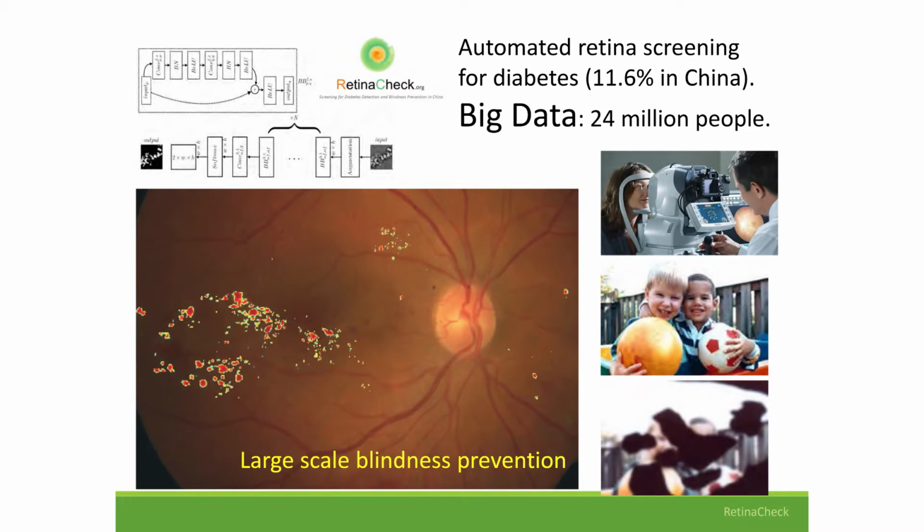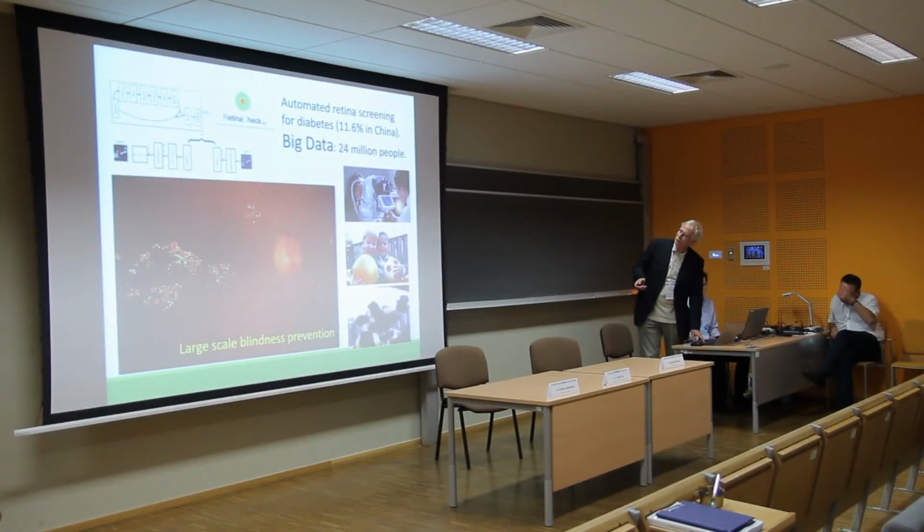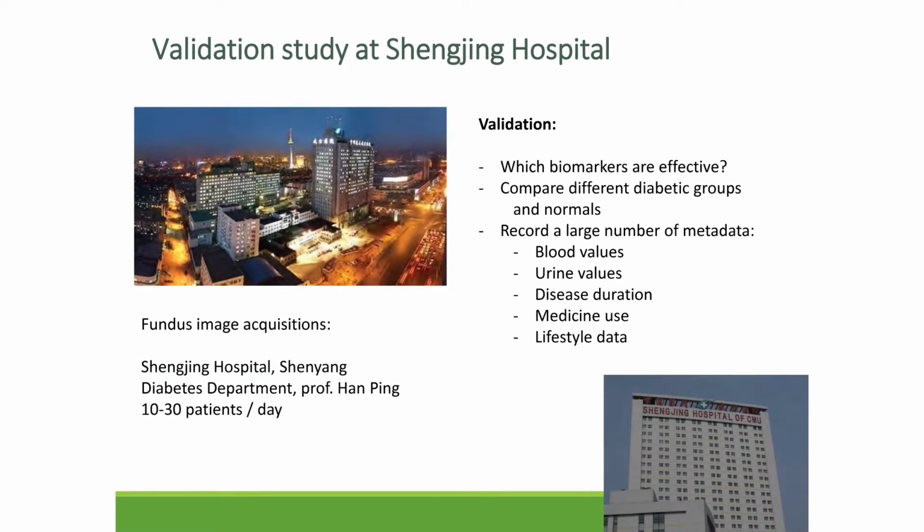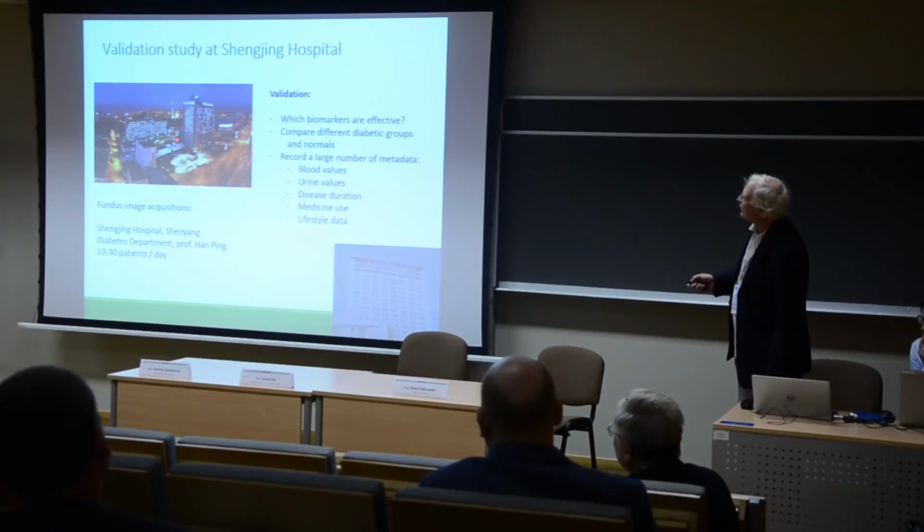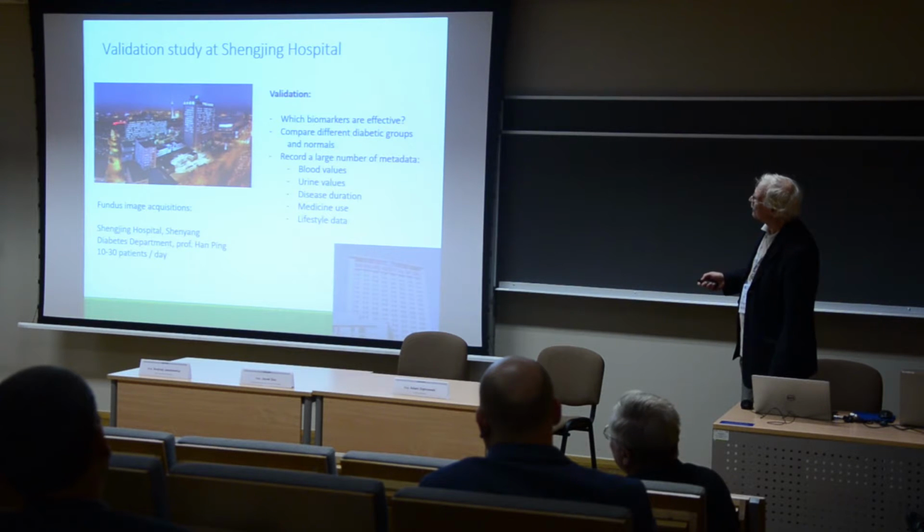We use all this in this big screening program, as I told you, with 24 million people. I told you this before. I tell you a little bit about the validation. We did this in this big hospital. And in this big hospital, we did this artificial intelligence screening. But we needed validation.